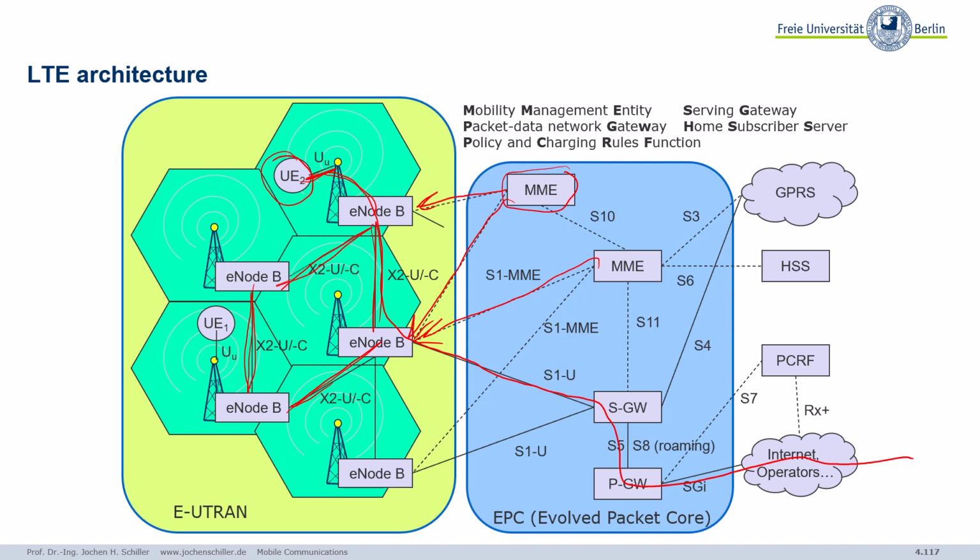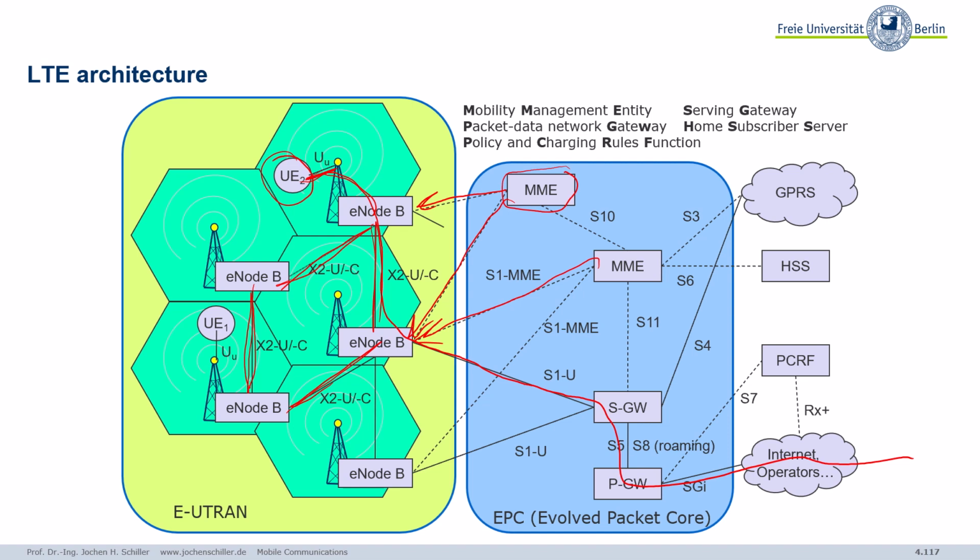So in case of component failure, we do not have a single point of failure. Compared to the UMTS or GSM network, if a radio network controller or an MSC fails, then the whole subtree connected to it fails. Here we could switch over from one MME to another MME. That's one of the ideas.